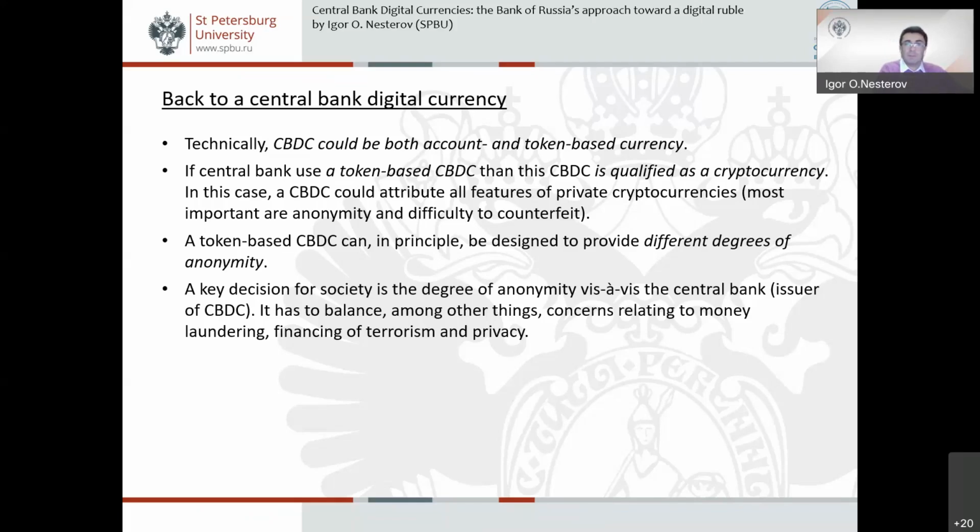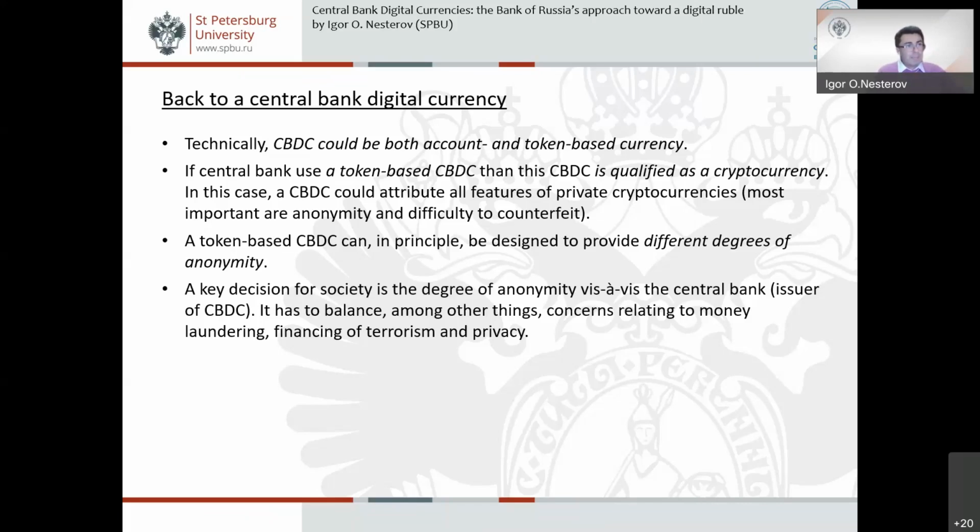If a central bank is choosing a token-based central bank digital currency, one of the questions the central bank has to resolve is the degree of anonymity, because on the other hand, there are concerns related to money misuse or the use of money in different unlawful financial operations.